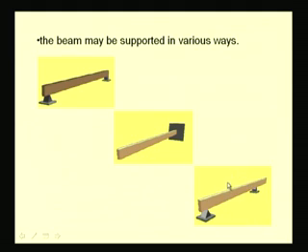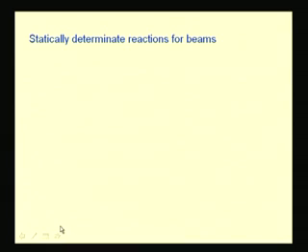In order that we are able to determine the internal forces, the supports should be statically determinate. So, let us see the kinds of supports that result in statically determinate reactions for beams.